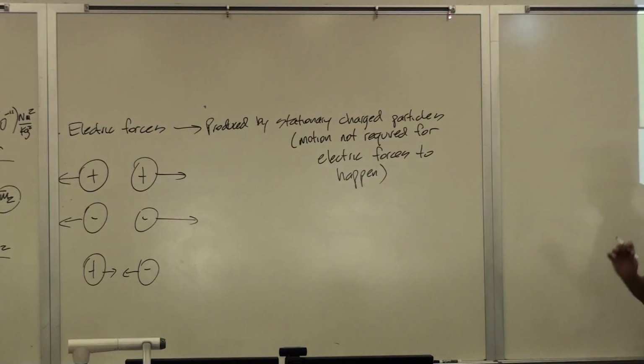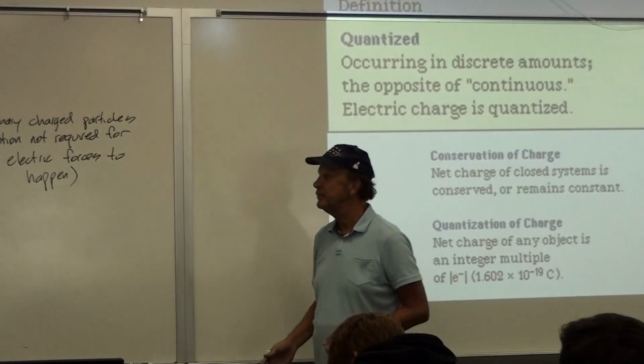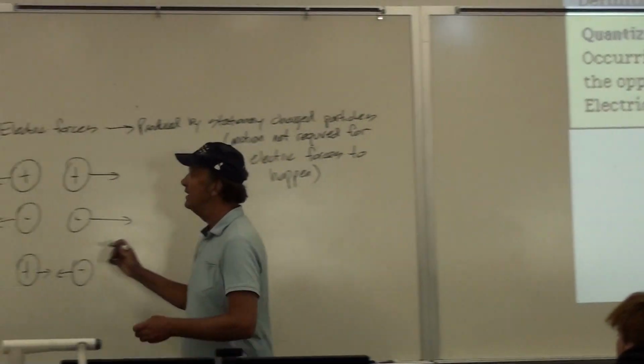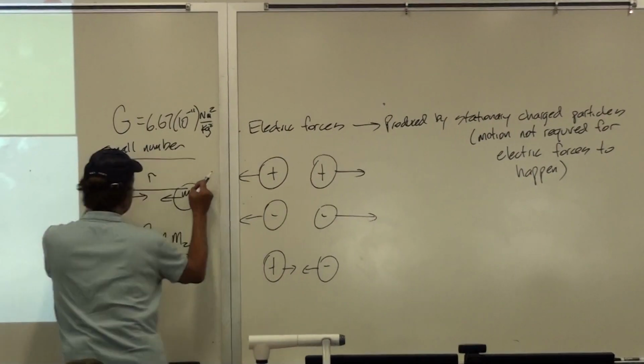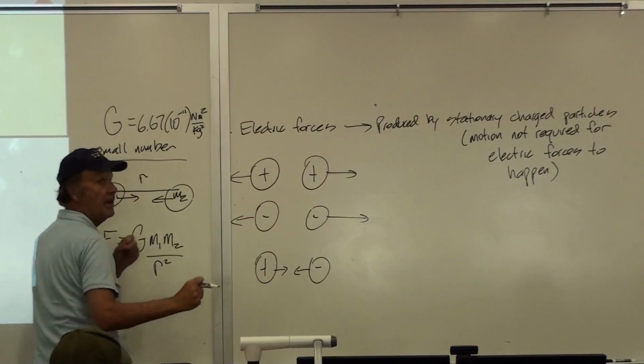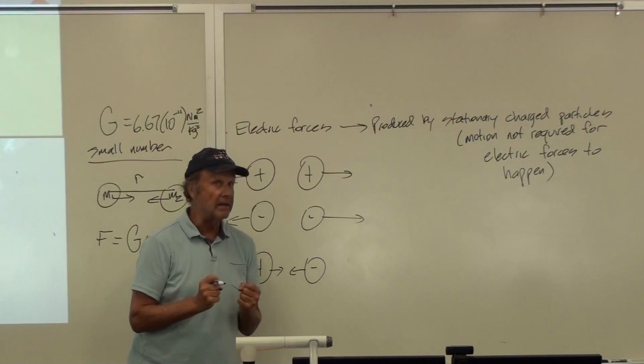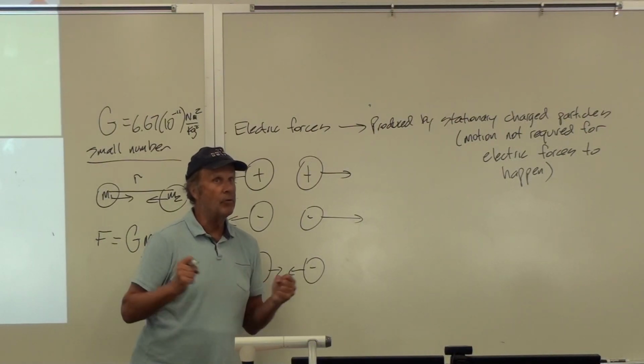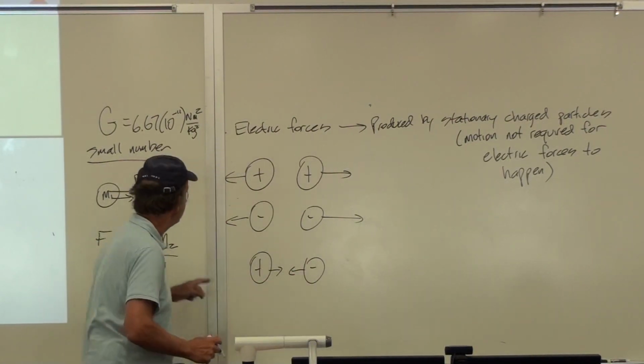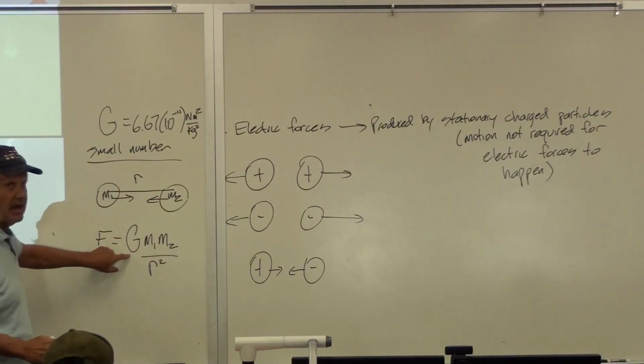But just like with gravity, you can have stationary masses that are being attracted toward each other. They could be moving and still be attracted. But the motion isn't required for the attraction to take place. There's nothing in this expression that has velocity in it.